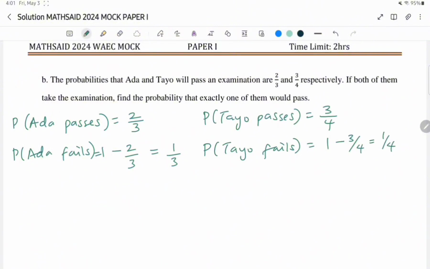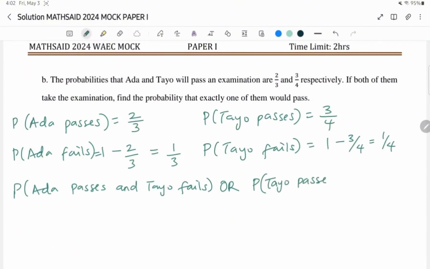Now that we've calculated this, the probability that exactly one passes, that means the probability that Ada passes and Tayo fails, or the probability that Tayo passes the exam and Ada fails.